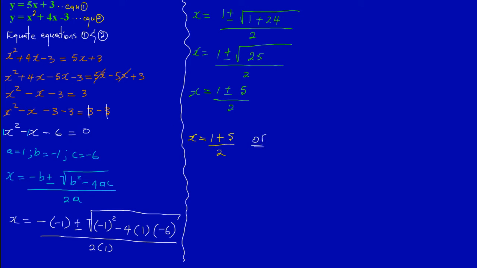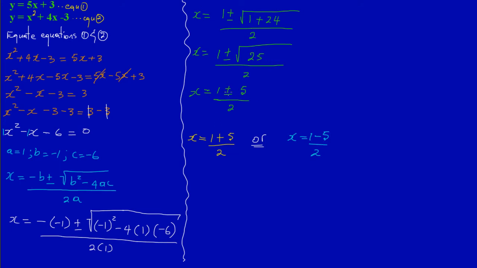x is equal to 1 minus 5, and that is all over 2.